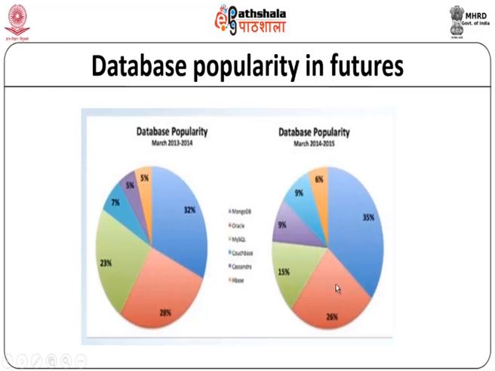Originally, Oracle and SQL were having 28% and 23% respectively. Now, in 2014-15 you can find there was a decrease in the usage of relational databases like Oracle and SQL, but there is an increase in the usage of NoSQL databases based on this survey. This shows NoSQL databases are finding more popularity when compared with regular and traditional relational databases.